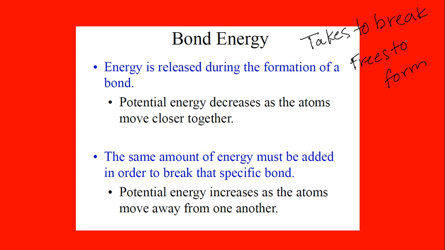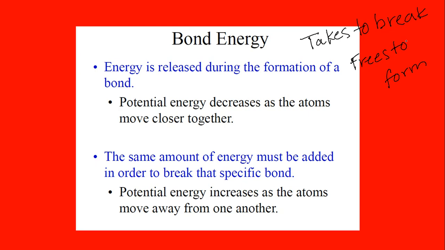Okay, so potential energy decreases because the atoms are moving closer together. And remember, when the atoms move closer together, the potential to get in trouble, or the potential of that electron to be lost, is smaller. The same amount of energy must be added then in order to break that specific bond.